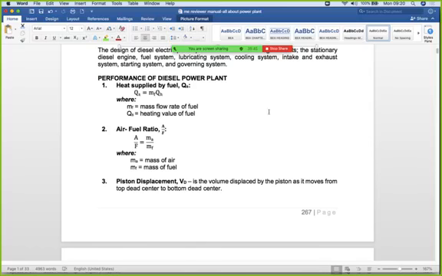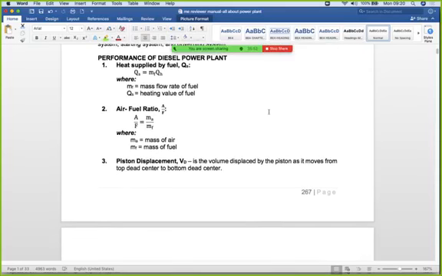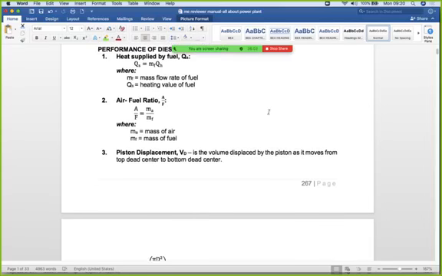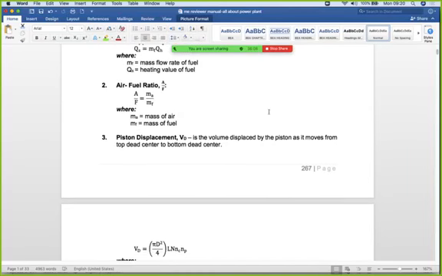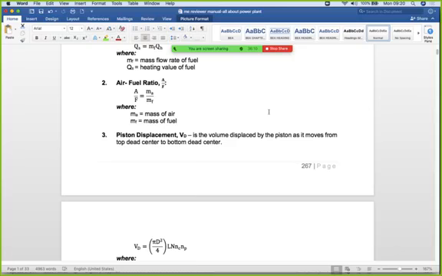To find those, we need the given data, which are the heating value and the rate of fuel. Sometimes efficiency is given, which will lead you to the unknown of either the mass flow rate or the heating value of fuel, or the other way around. We have the air fuel ratio. We discussed last time the theoretical and actual air fuel ratio. In the actual, you have the percent excess of air.